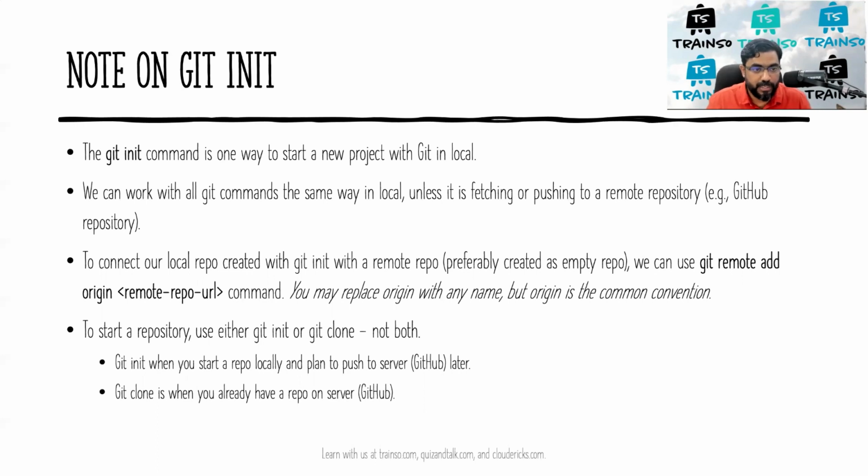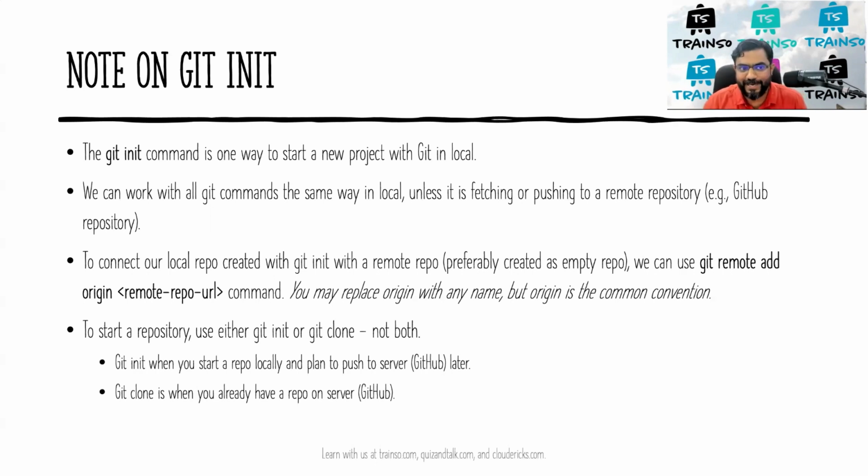We can work with all git commands the same way in local, unless it is fetching or pushing to a remote repository. So once you create this local repository and then make all your changes, then you have to push it to server. But when you cloned, your local already knows that it was cloned from this server, so this is my remote.